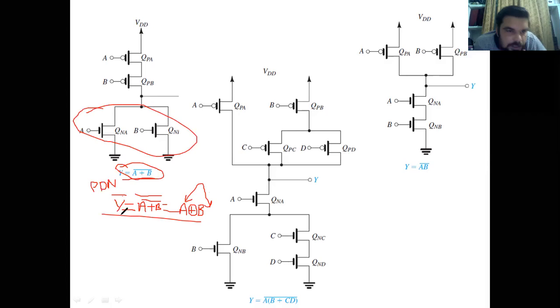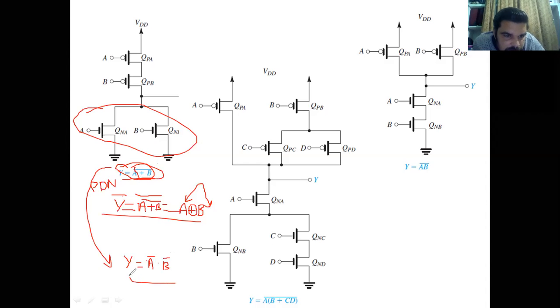Now in order to make the pull up network, this logic should be converted in the form y equals to complement of inputs. Here you can see that there are two inputs A and B, and it is the whole complement. So we have to convert it into the complement of individual inputs. How can we do this? By using De Morgan's theorem, I can easily tell that this will be equal to A bar dot B bar.